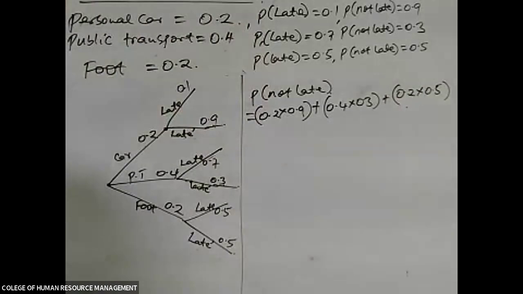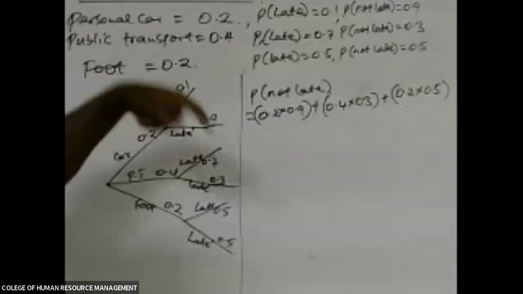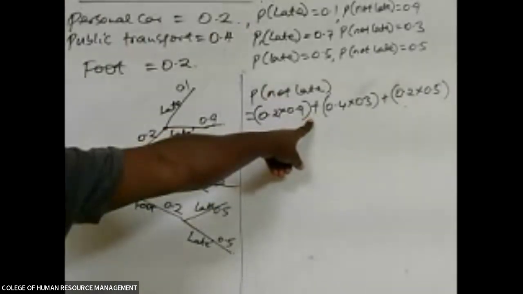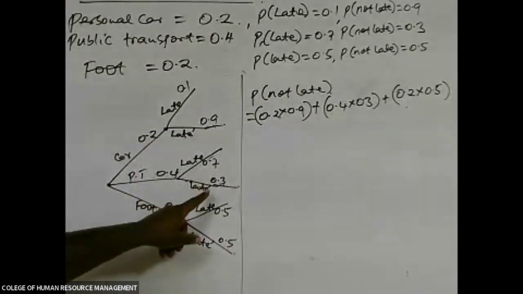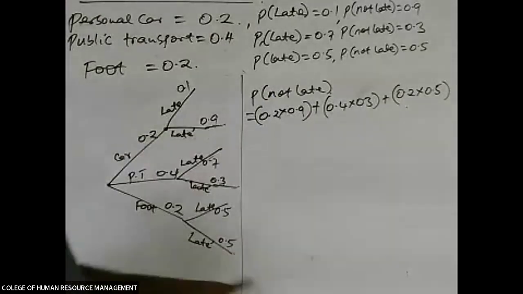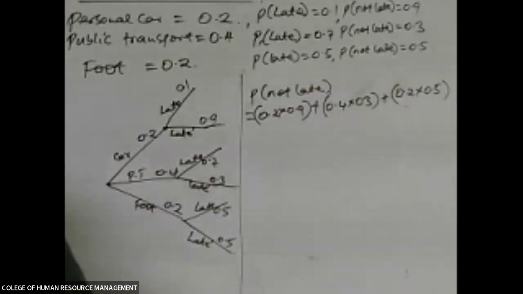That is the probability of not being late. Either he uses the car but is not late, or he uses public transport and is not late, or he uses foot and is not late. You add them, you are done.